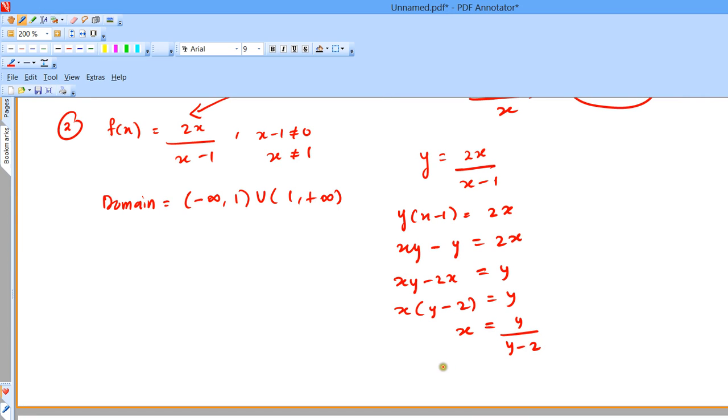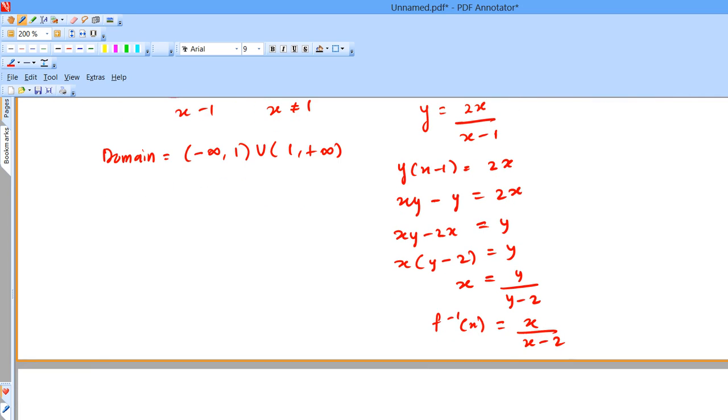Or we can write f inverse of x equal to x over x minus 2. From this we know that x minus 2 must not equal 0, x must not equal 2. So the range here is from negative infinity to 2 union 2 to positive infinity.